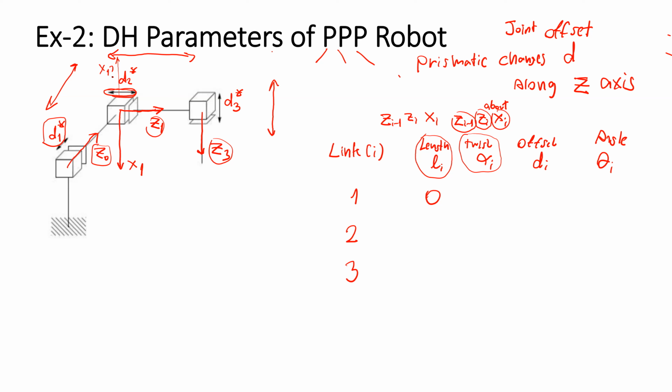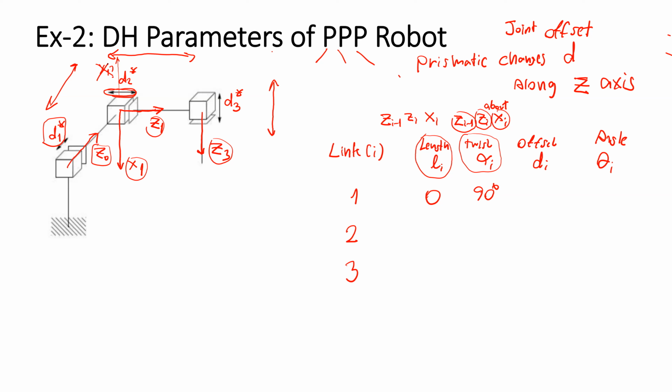By the right-hand rule, if you want to get a positive 90 degrees, you may prefer x1 to point downward instead of upward, so that by the right-hand rule you get positive 90 degrees. If you point x1 upward, the twist will be minus 90 degrees.